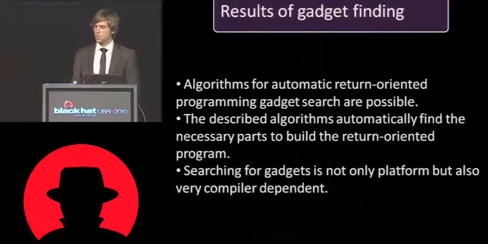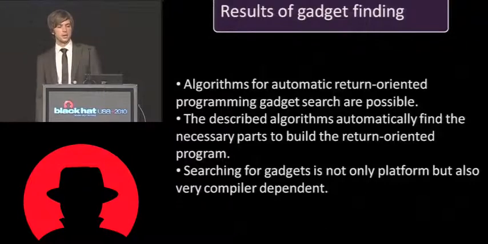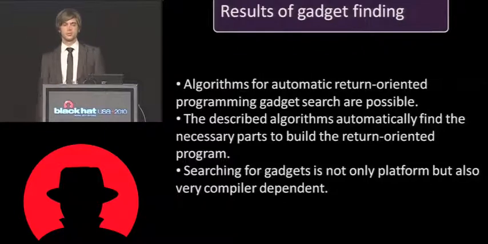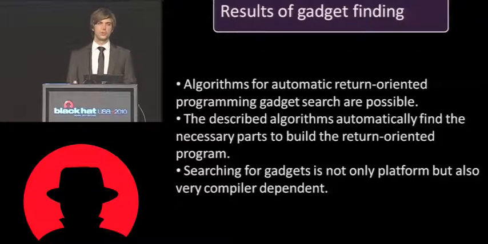Okay, what I have shown you in the last 15 minutes is that algorithms which automatically extract gadgets platform independent for return-oriented programming are feasible and possible. So you can work with those algorithms by using REIL on multiple platforms, and you will get usable results.